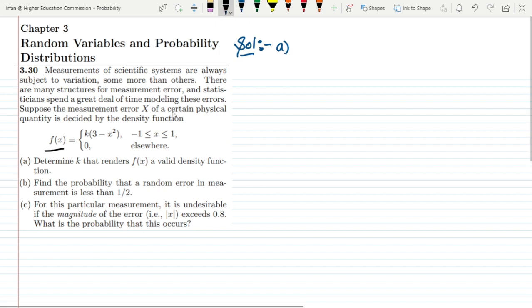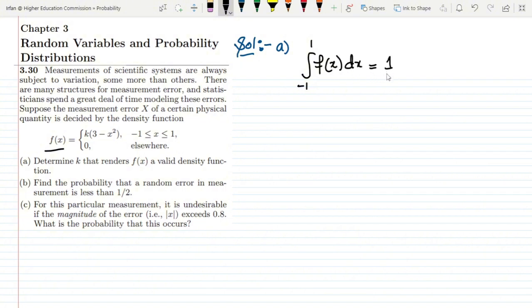In order to make any density function a valid density function, what do we have to do? All these probability densities should accumulate to give us 1. So I have to take the limits from -1 to 1. In this limit, I have to take f of x dx and it must give me 1, which is the condition for a valid density function.